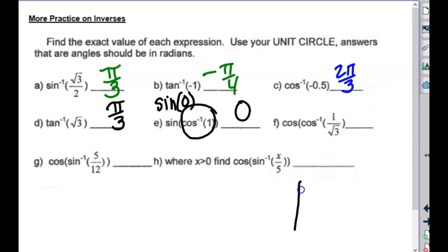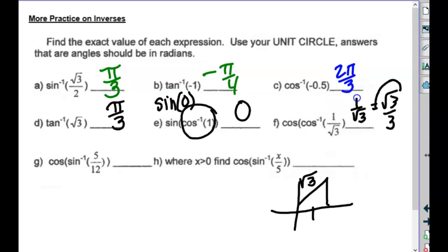So cosine is adjacent over hypotenuse, which is okay because the square root of 3 is like 1.7, so that works. And then they just want the cosine again. So yeah, it's just 1 over square root of 3, which is square root of 3 over 3. I won't ask that weird question.